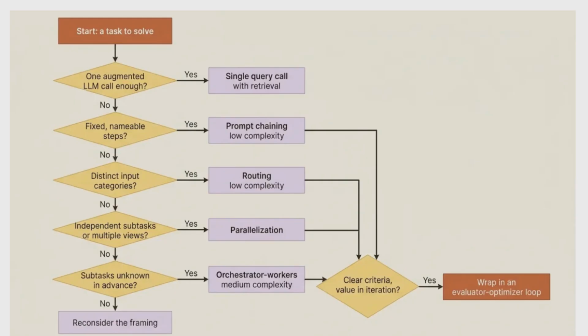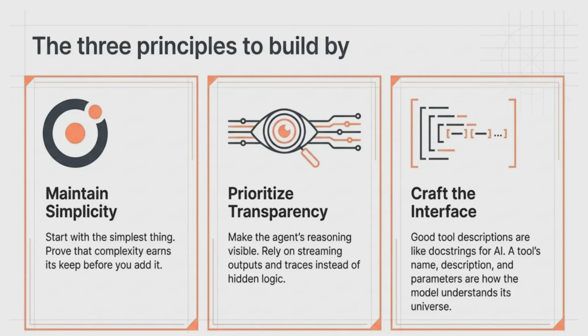The 3 principles to build by. Anthropic closes its guide with 3 principles, and they are a good lens for every design decision. Maintain simplicity in your agent's design. Prioritize transparency by explicitly showing the agent's planning steps. Carefully craft your agent-computer interface through thorough tool documentation and testing. Each one has shown up concretely. Simplicity is the start with the simplest thing advice above.